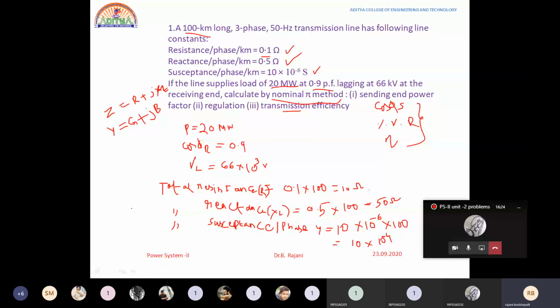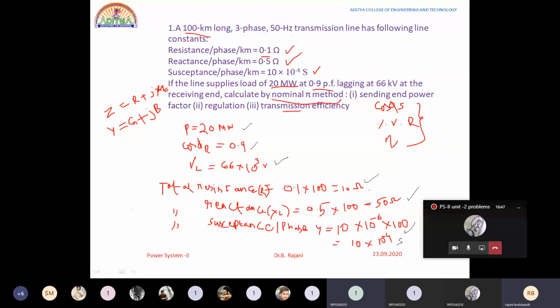Total resistance is 10 ohms. Total reactance we are having this. Susceptance, C part, we are having as 10 into 10 to the power of minus 4 Siemens. Here we are having cos phi r value as 0.9, and he had given you P as 20 megawatts and VL as this much.